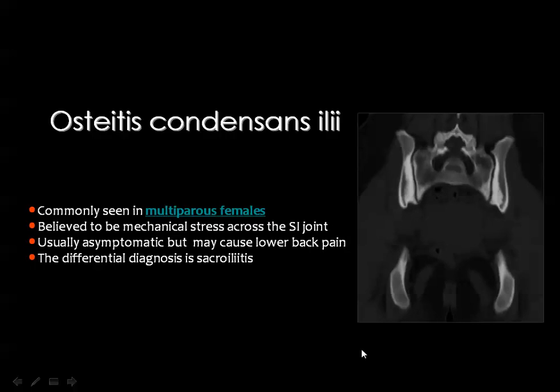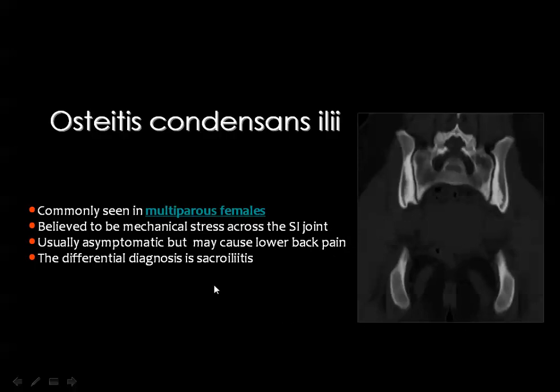This is not a disease, but is a manifestation commonly seen in multiparous females, believed to be due to mechanical stress across the sacroiliac joints during delivery. But in this coronal reformatted image, you can see the degree of bone sclerosis affecting the iliac side of the sacroiliac joint. This condition is usually asymptomatic, but may be discovered when we are searching for a cause of low back pain in such cases.